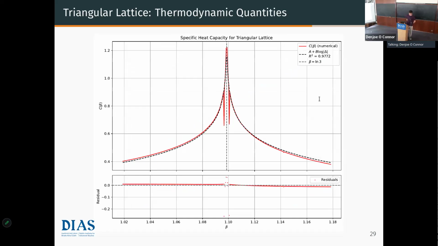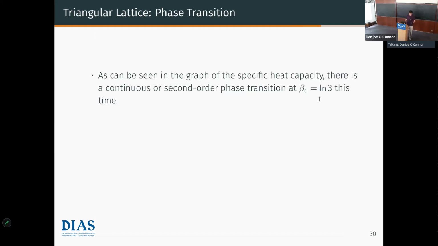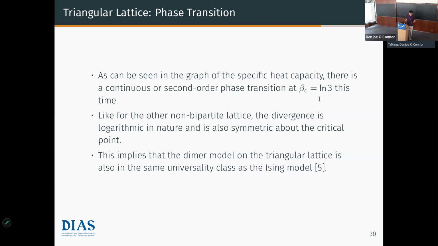But when you look at the specific heat capacity, there is indeed a logarithmic divergence that's symmetric about that point. So basically we're seeing Ising-like behavior again for this lattice at this critical point of beta equal to natural log of 3. Okay. So we've basically shown that these non-bipartite lattices exhibit this Ising-like behavior, which is quite interesting.